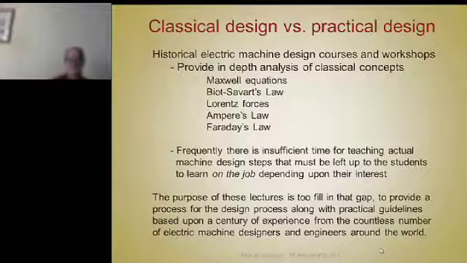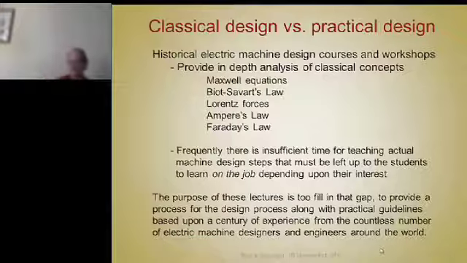Most college classes and professors don't teach this, and one of the main purposes of these lectures is to fill in that gap, to provide the design process and the practical aspects of what we get as consultants.